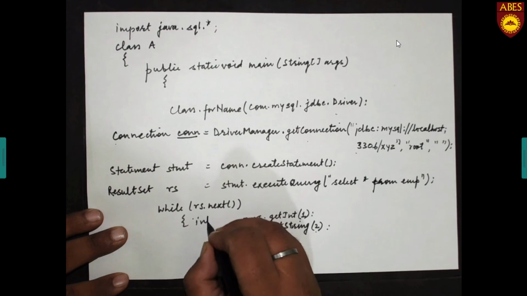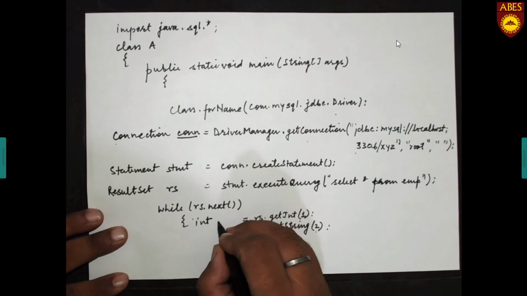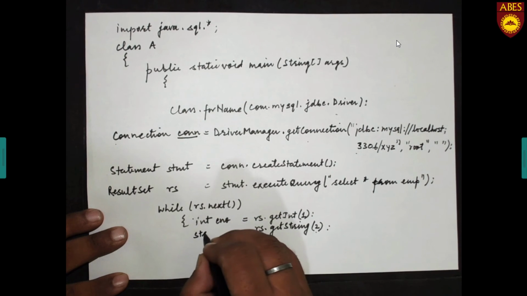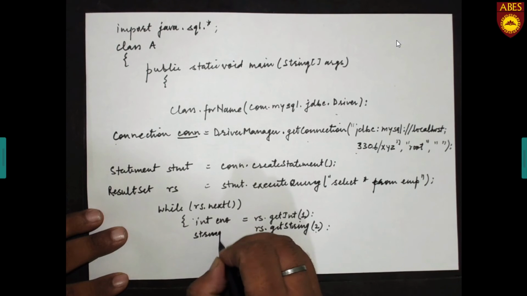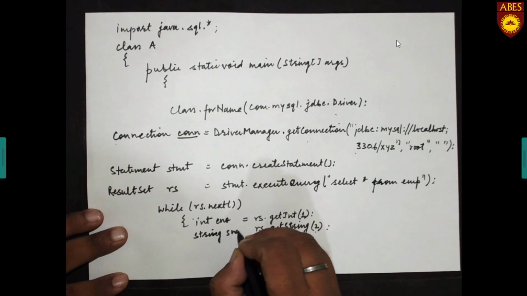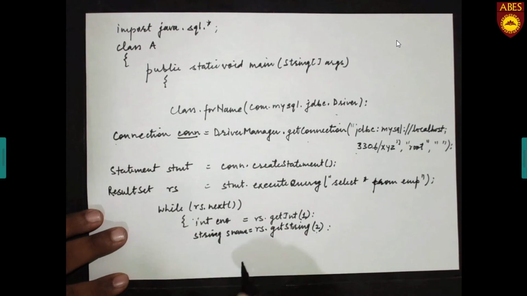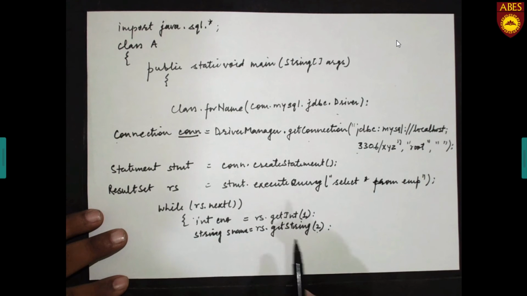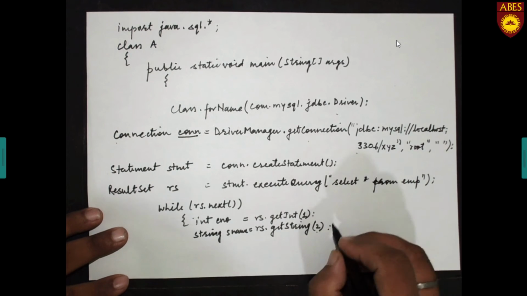I have specified int e number and String s name. So int e number is equal to rs.getInt 1, String s name is equal to rs.getString 2.